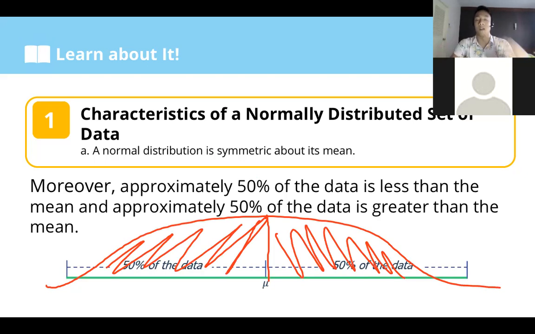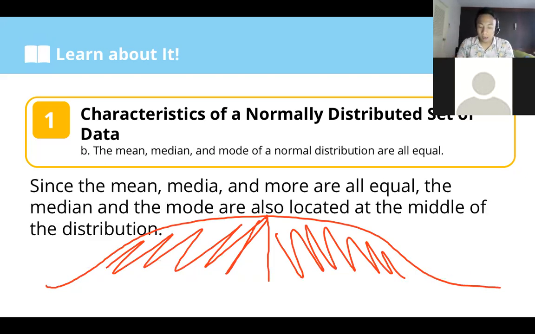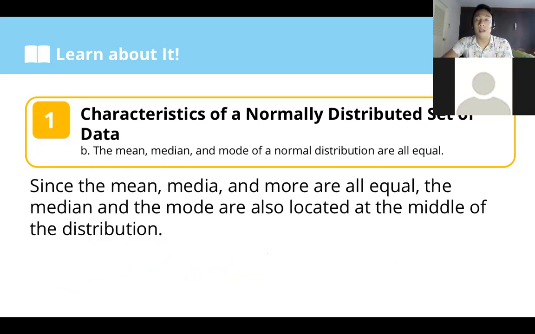So the second one. The mean, the median, and the mode are all equal. That's letter B. The median and the mode are also located at the middle of the distribution.